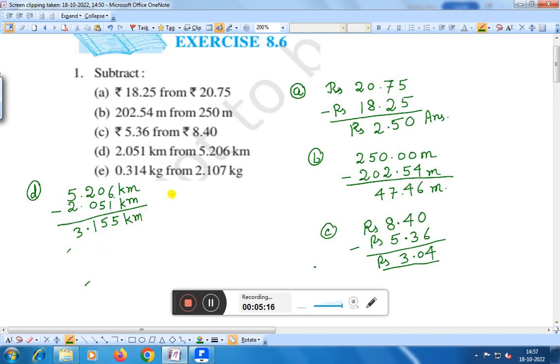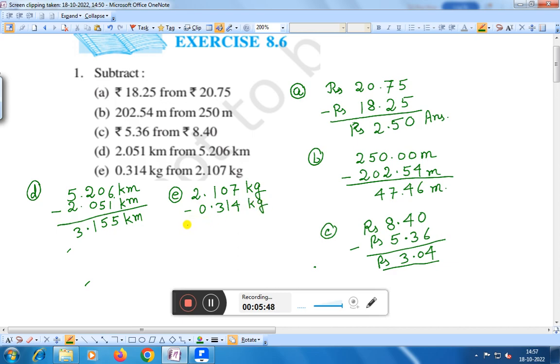Now question number E. You have to subtract 0.314 kg from 2.1077 kg.